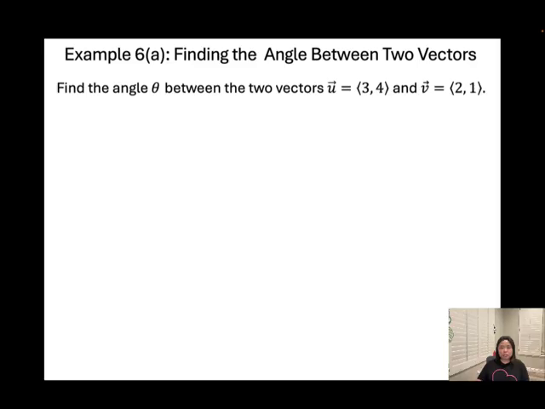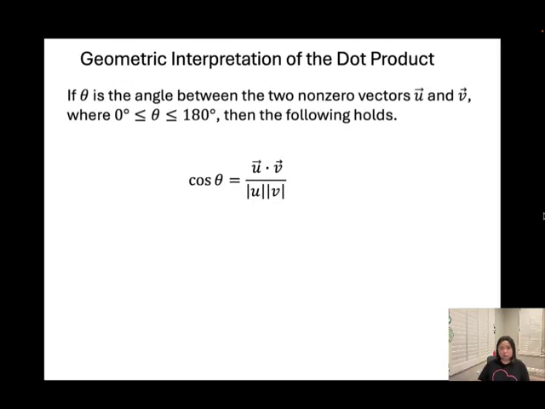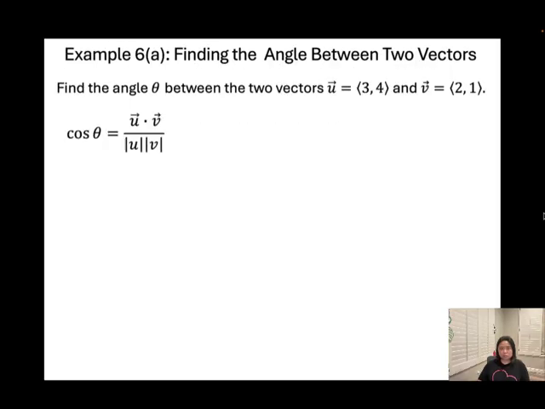Example 6. Find the angle theta between two vectors. So we're gonna apply the formula, right? So u dot v, remember how to do it? 3 times 2 plus 4 times 1, okay, on the top. And the denominator, the magnitude of u, will be the square root of a squared plus b squared.